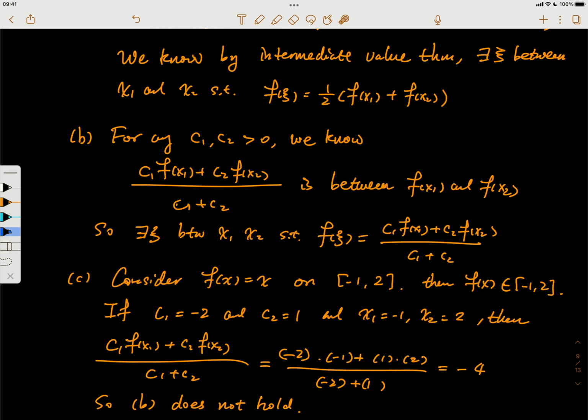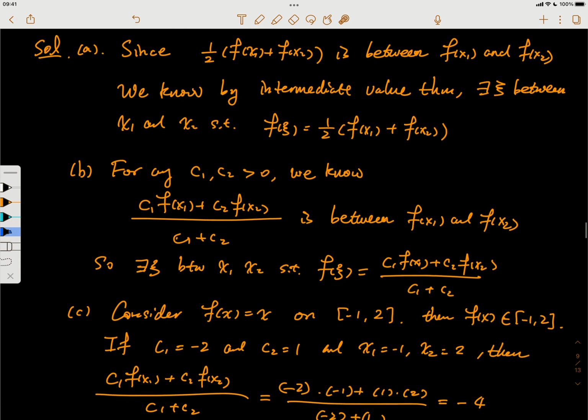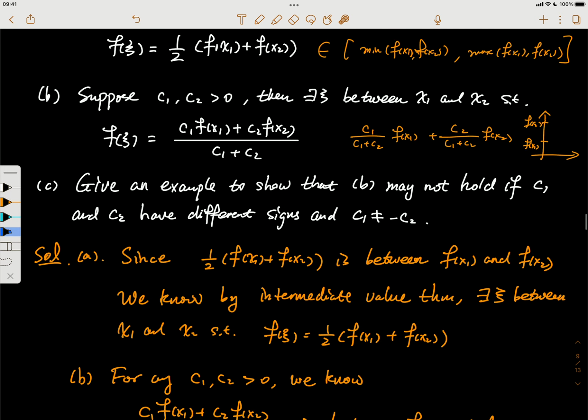That is apparently outside of this interval. That's why you will not be able to find any point taking -4 over this interval, because the values can only be -1 to 2. So this is the counterexample, and it means that if c1, c2 have different sign, then you cannot find a point taking this value.